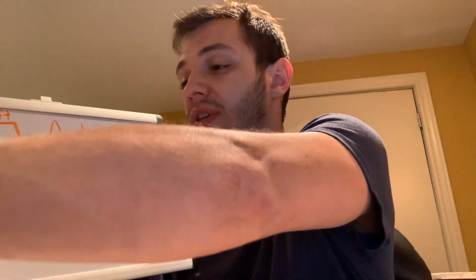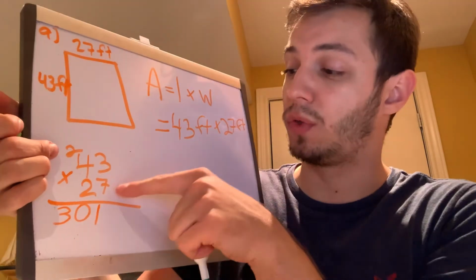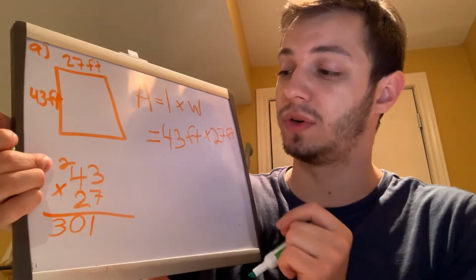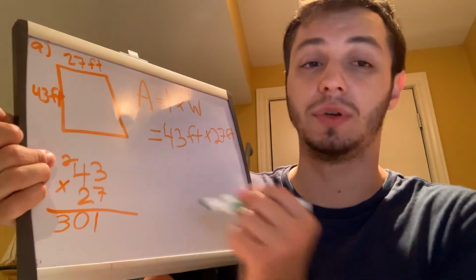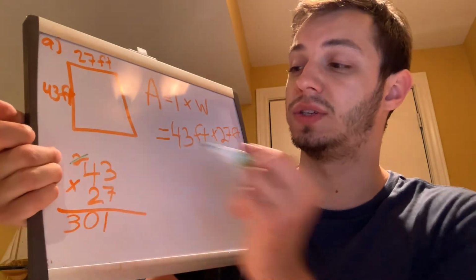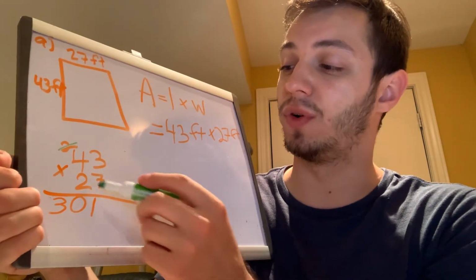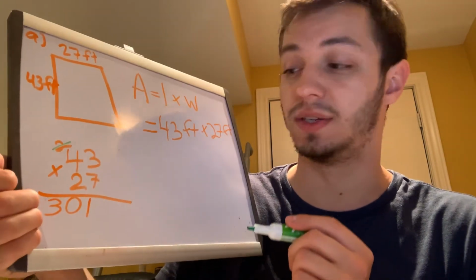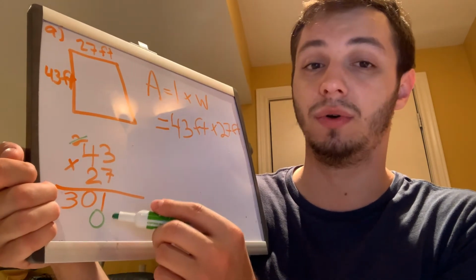Now I'm going to use a different color to show our next step. So we multiplied the 7 with the two top numbers, so now I'm going to multiply this 2 with the top two numbers. I'll cross this 2 out that we carried over so we don't get it confused. Remember, this 2 is in the tens column. So to show that, I have to put a 0, right?